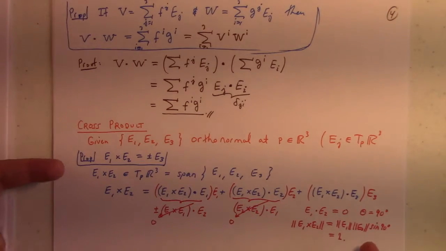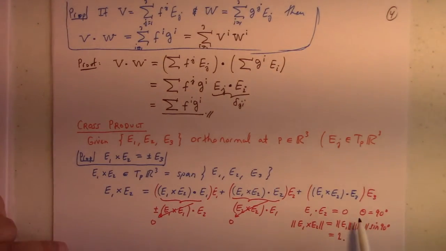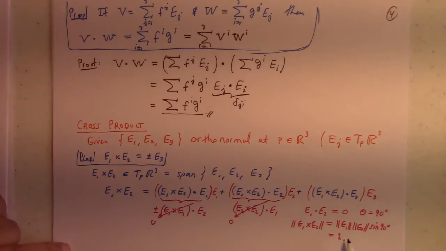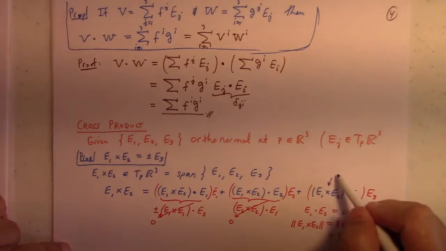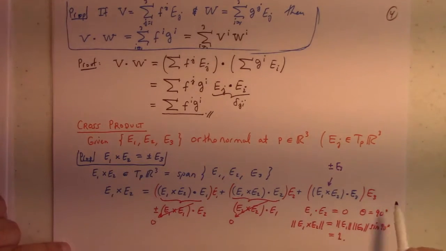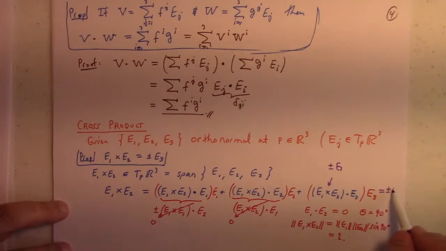It shows that. So since E1 cross E2 is in the E3 direction, and the length of E1 cross E2 is 1, that leaves the possibility that this is either plus or minus E3, basically. So this gives you, of course, plus or minus 1. Plus or minus E3 is the bottom line.